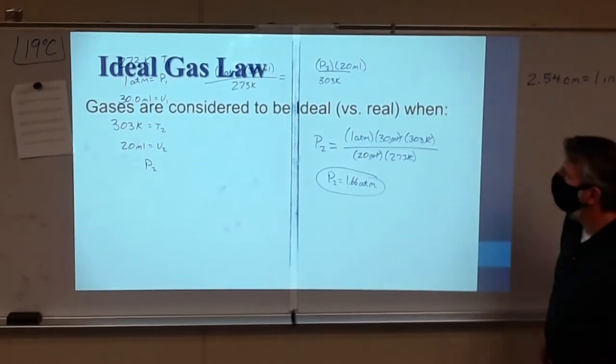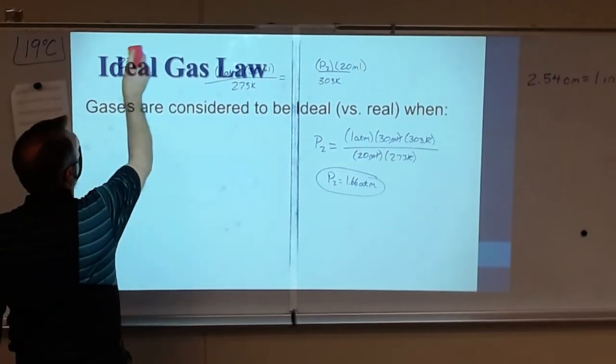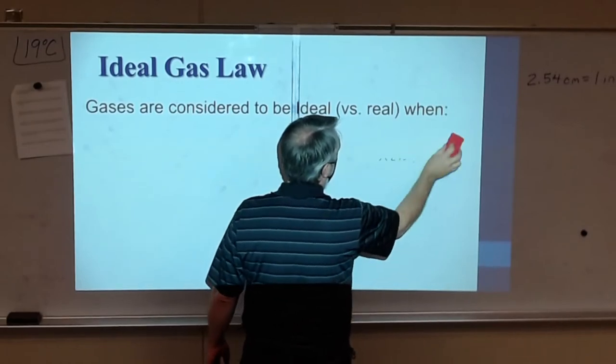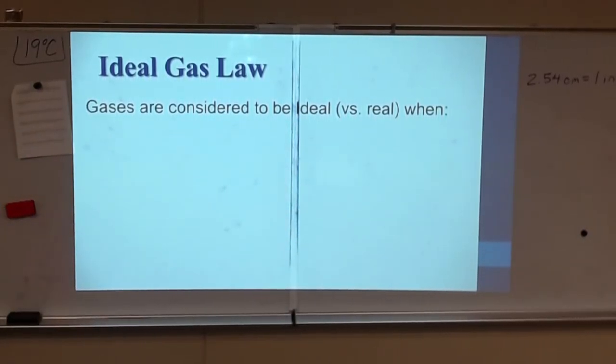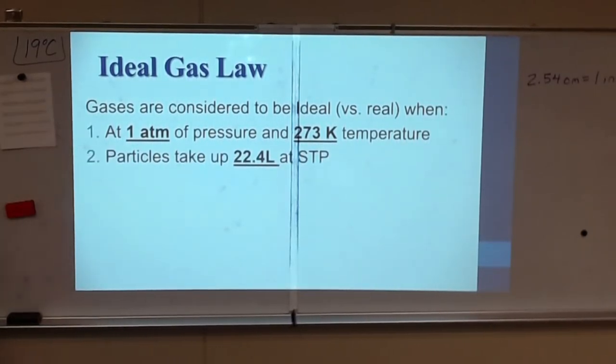All right. Let's talk about the ideal gas law. Gases are considered to be ideal at 1 atmosphere of pressure and 273 Kelvin. Particles will take up 22.4 liters.